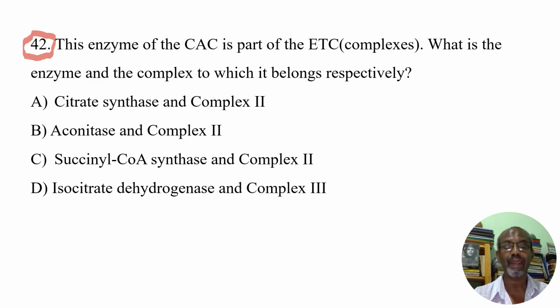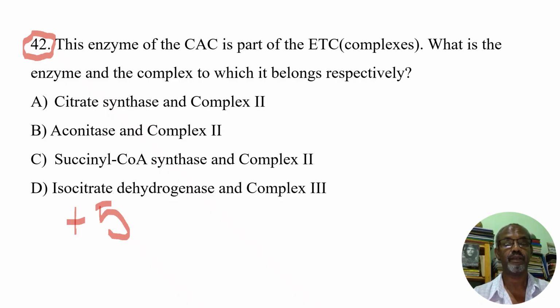Therefore, for this question, if any student corrects it and gives me the right answer, I will give a bonus of 5 marks. Any student, I will give. Otherwise, there is no question.